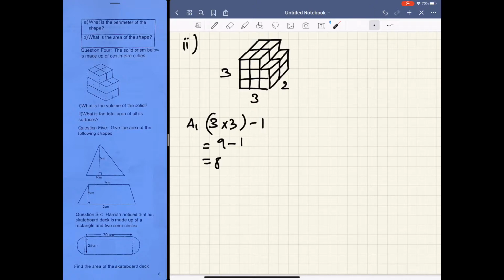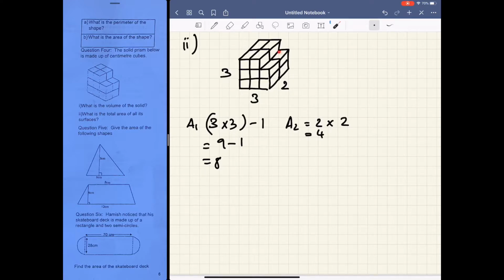So there should be 1, 2, 3, 4, 5, 6 faces, so 6 areas that we need to take into account. Moving on to this face of the cube. Area 2 equals 2 times 2, which equals 4.